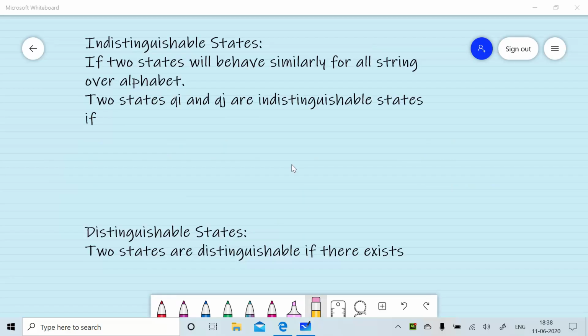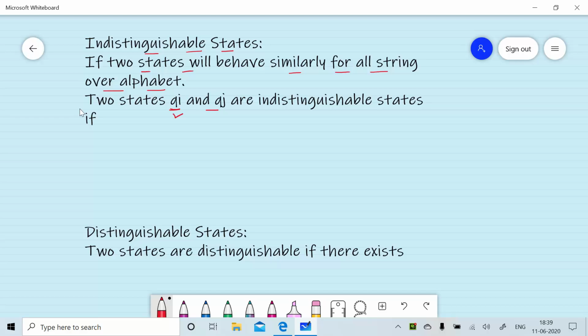Before starting the discussion on the minimization process, we will discuss indistinguishable states and distinguishable states. If two states behave similarly for all strings over input alphabets, then we will call them indistinguishable states.